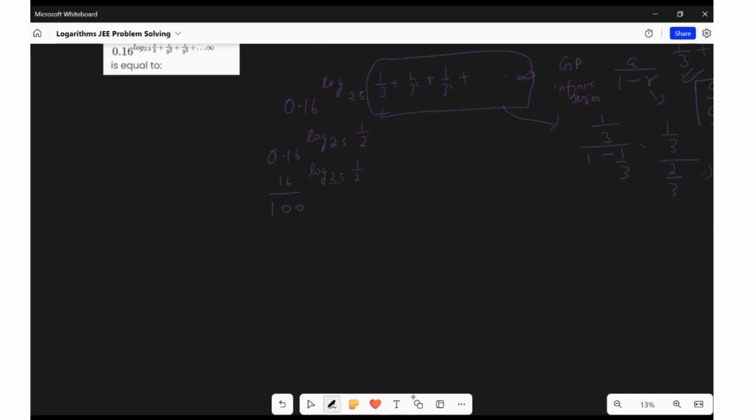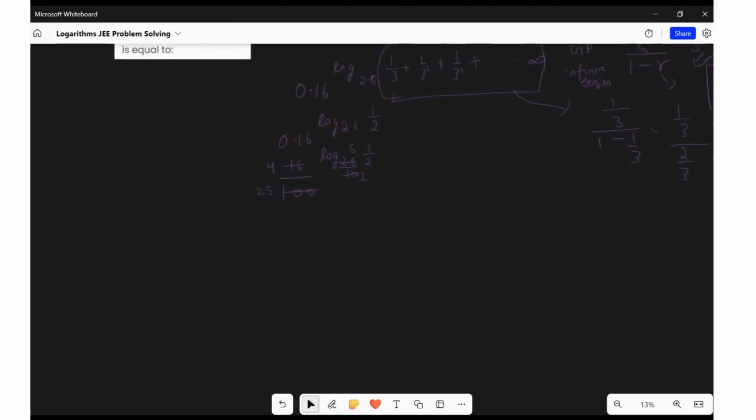Now 2.5 can be written as 25 by 10. And now after cutting it off, we can write it as 4 by 25, and this as 5 by 2.